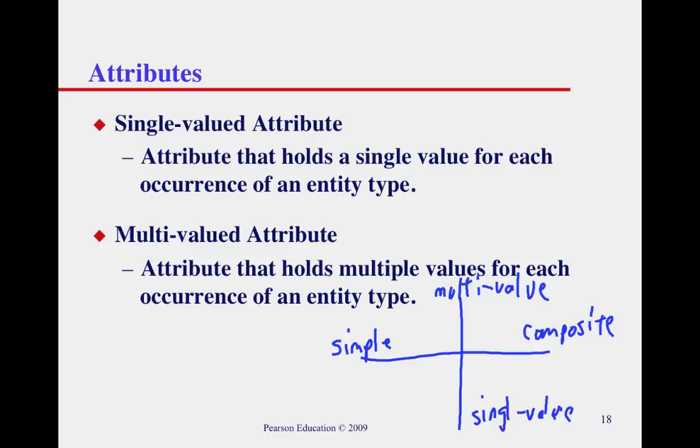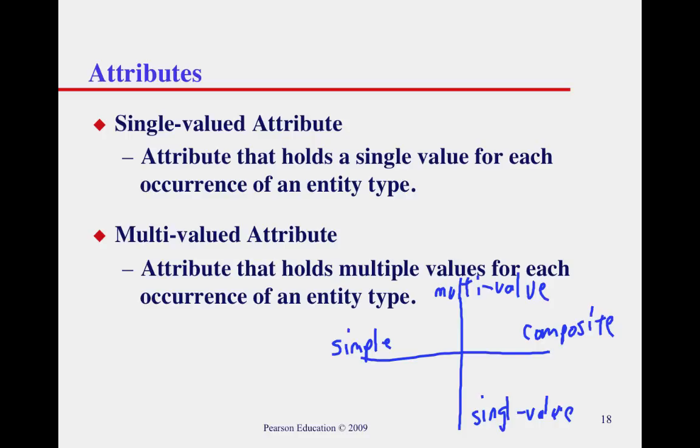If I have a test question and let's say it's a matching question with an arbitrary number of answers, the answers is a multi-valued attribute. The attribute is answer, but there's actually multiple answers, so it's a multi-valued attribute. Children is a multi-valued attribute.